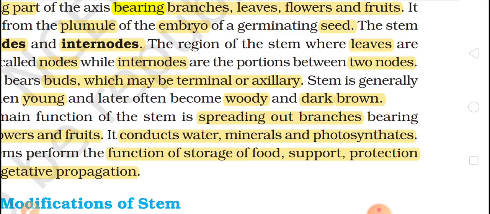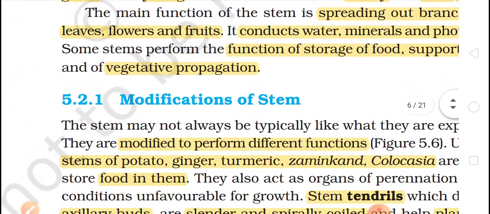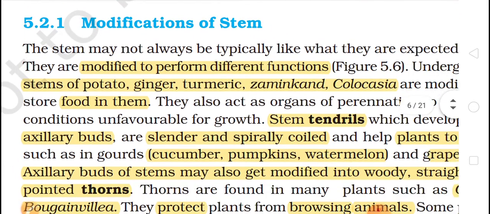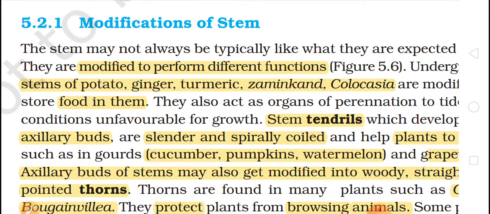So modification, as I told you, the stems are modified to store food, for example potato, ginger, turmeric, zamikand, colocasia. The stems of these plants are modified to store food.